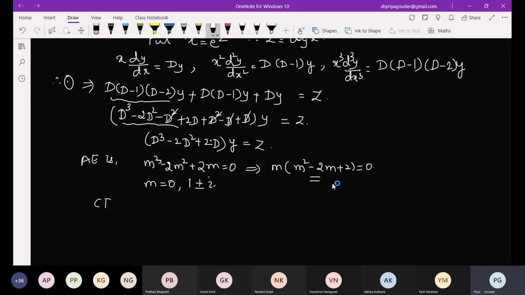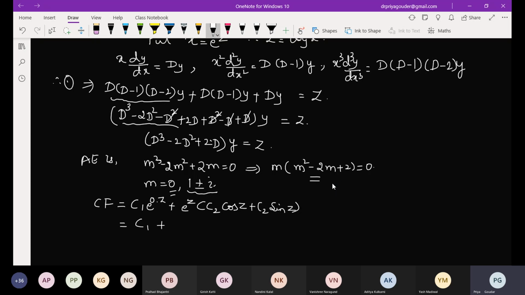Tell me now the CF part. How to write for 0? Whether I have to write a Z or an X? Z. Okay. How to write for these complex roots? Now substitute back. E raised to 0 is 1, you will get only the constant.